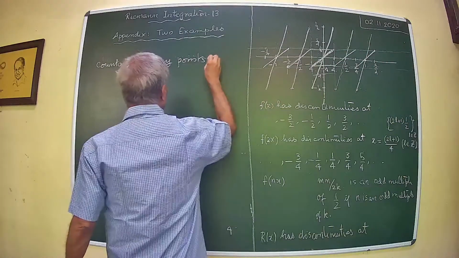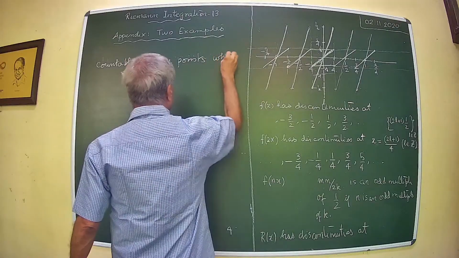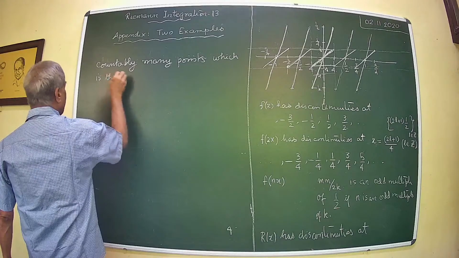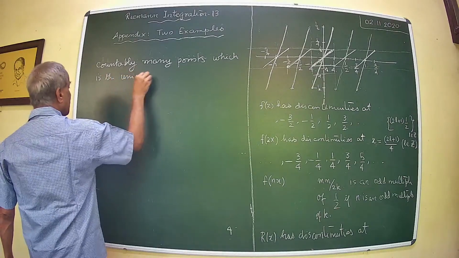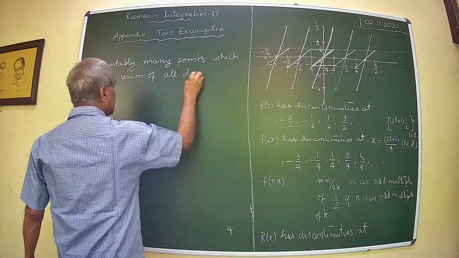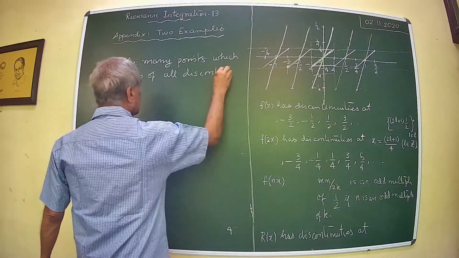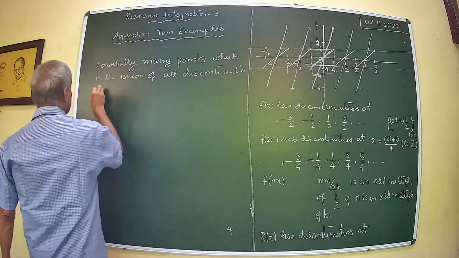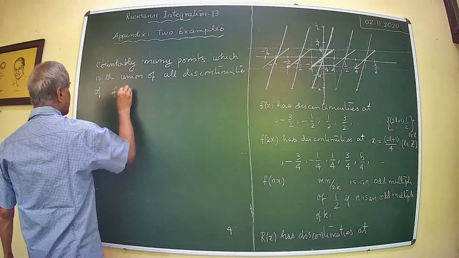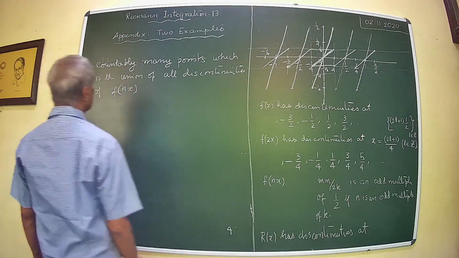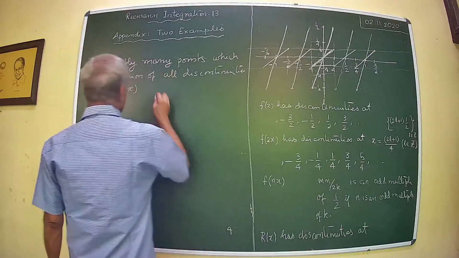which is the union of all discontinuities of f(nx).